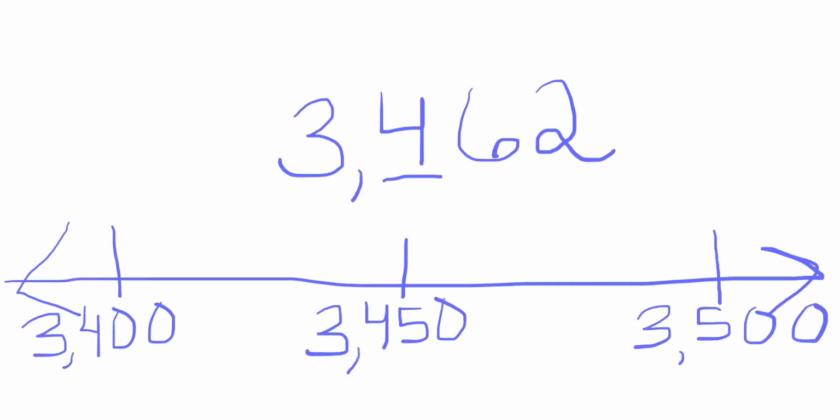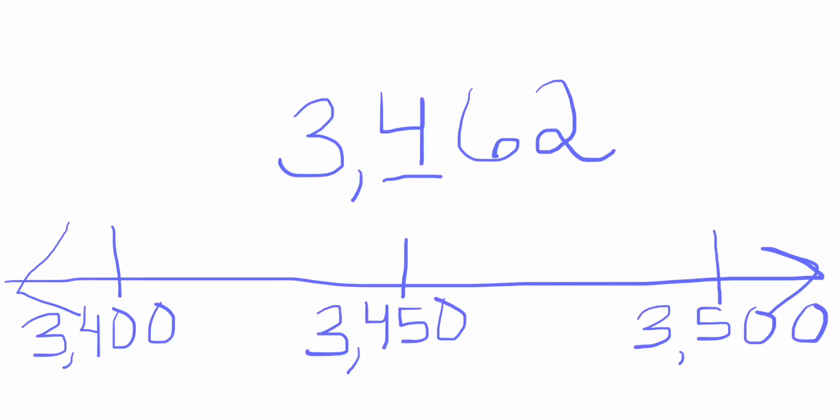So 3,450. Then I'm going to look at my number again, 3,462. And I'm going to look at the number line and say, where does that number fall? Is it after the midpoint, closer to 3,500, or before the midpoint, closer to 3,400?